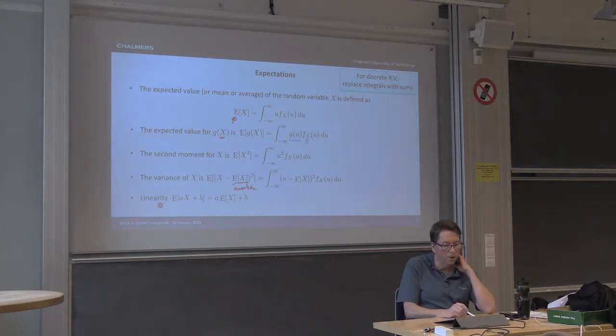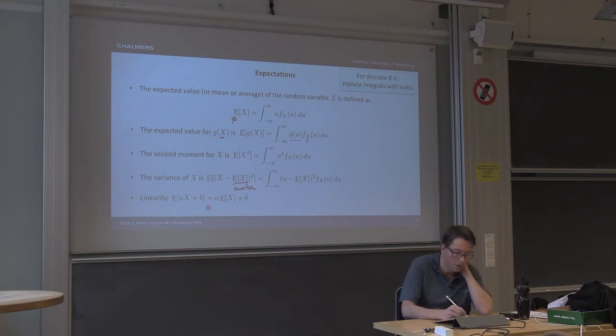All right, and then one property of expectations which is super useful is that it's linear. So for the expected value of some linear combination of x, so some scaling of x and adding constants to this, we can break out the constant values here. So we have a linearity here.